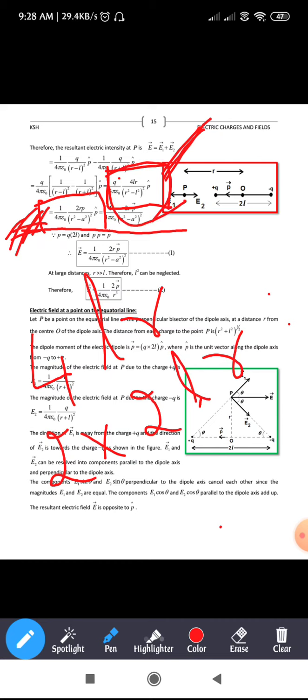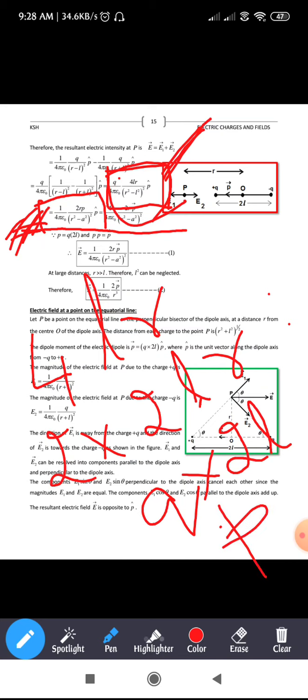So what I'm going to do is write q into 2l, right? So q into 2l is nothing but what? It is nothing but p, right? Dipole moment.